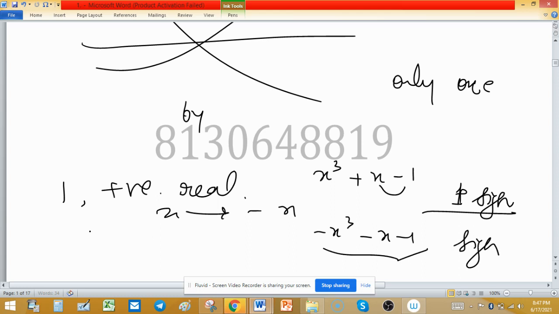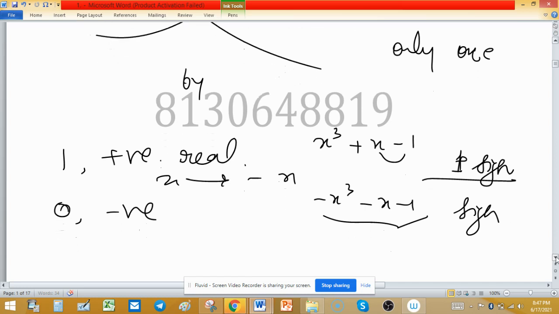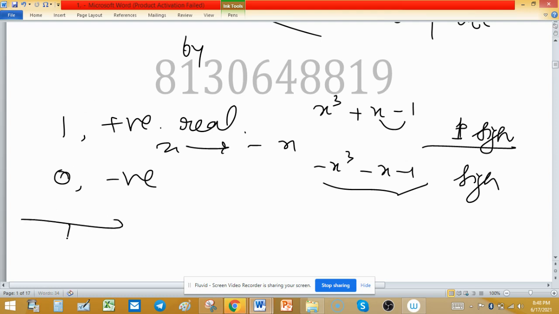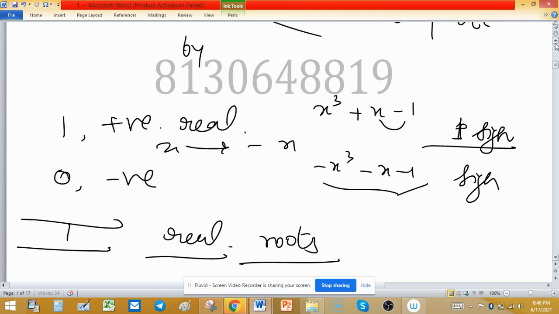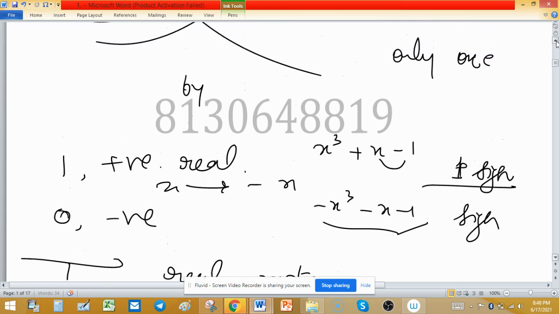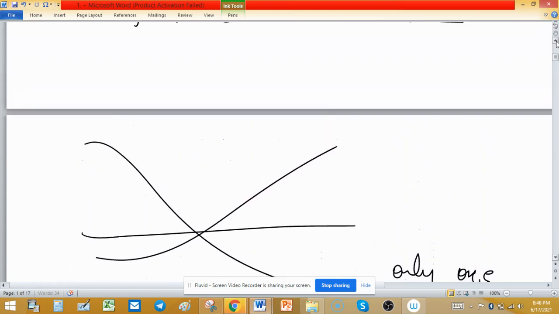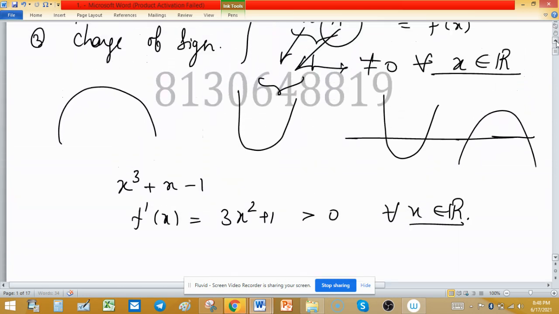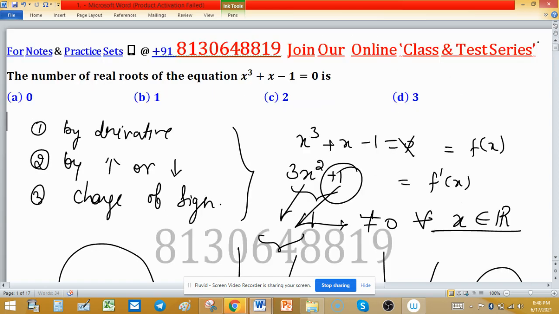It means there is no negative root, zero negative roots. So there is 1 plus 0, total one real root. So using these concepts, we find that only one real root of this function exists. So according to this, option B is correct.